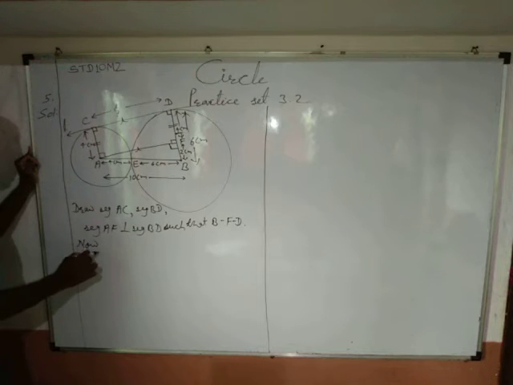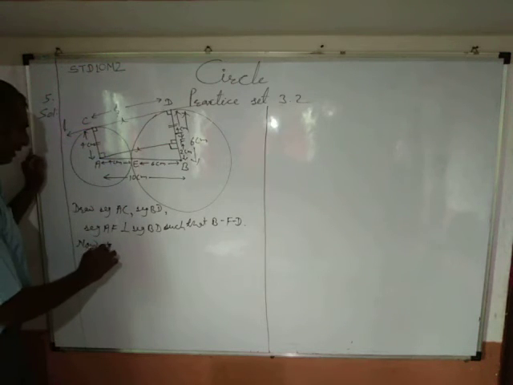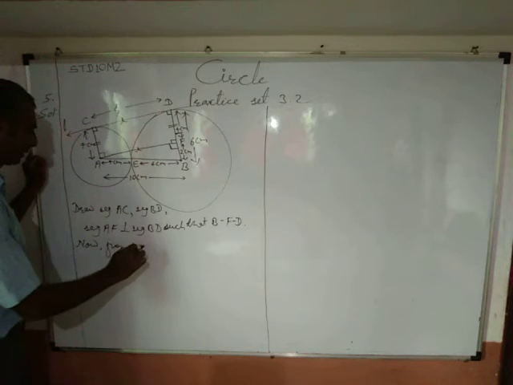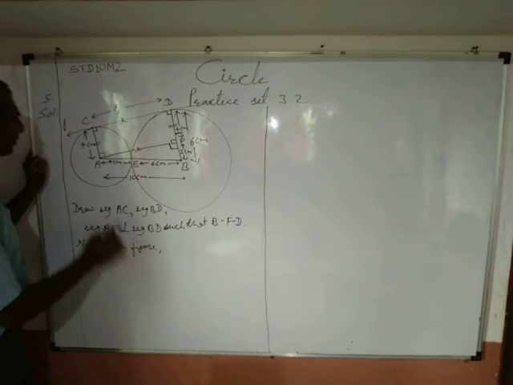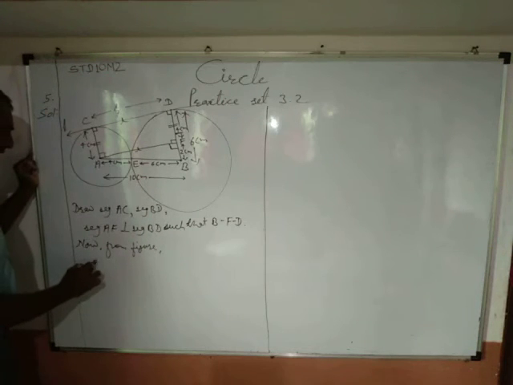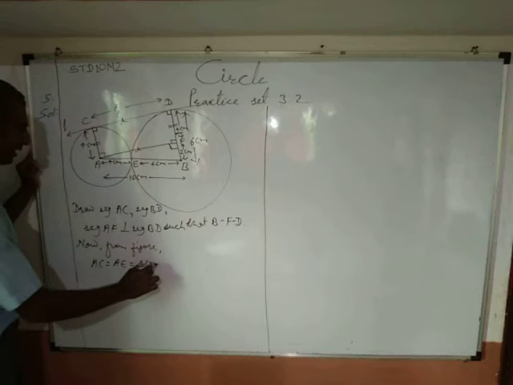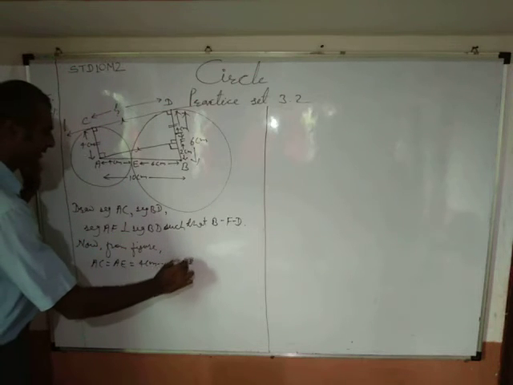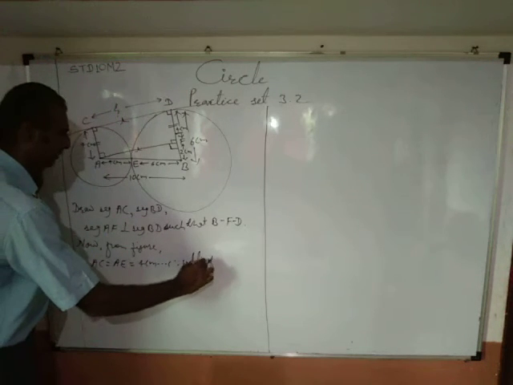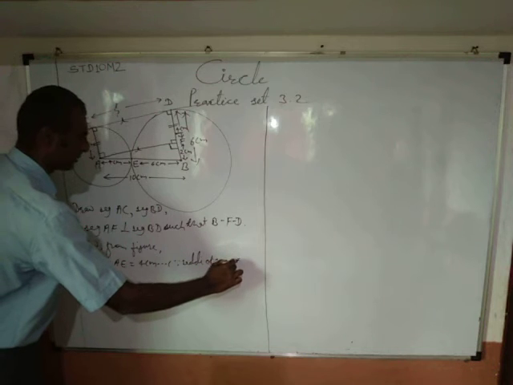Now from the figure, AC equals AE equals 4 cm, since radii of the same circle.